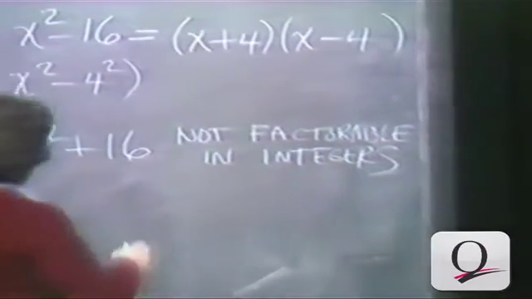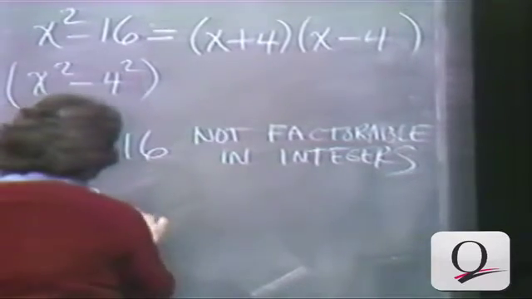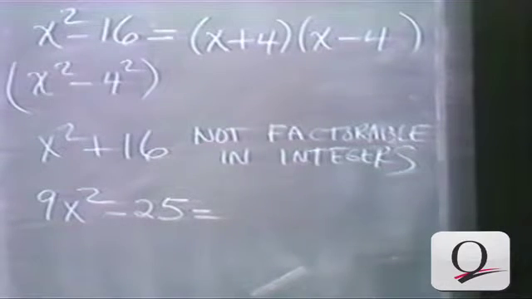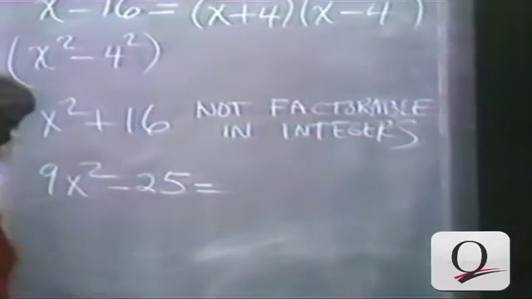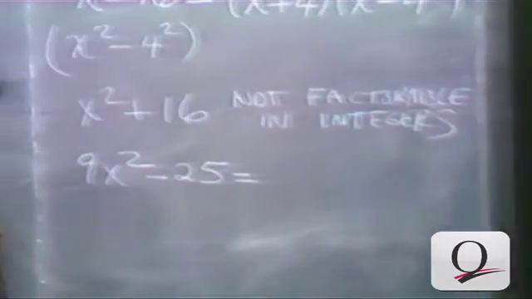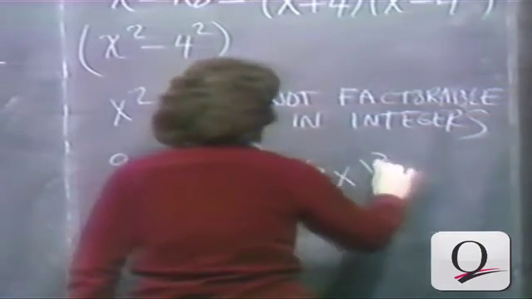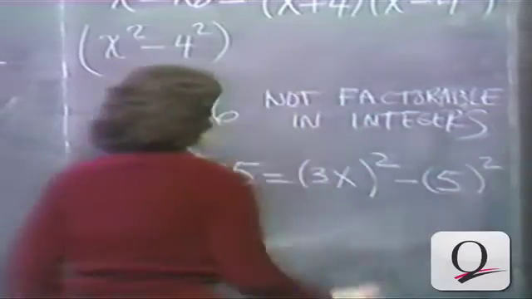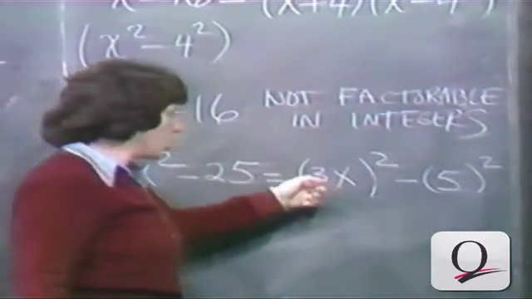Okay, so the last thing I want you to try today is factoring this: 9x squared minus 25. The first thing to do on this would be to realize this is really the difference of two squares. In other words, take the time to write this as 3x quantity squared minus 5 squared. 3x quantity squared is 9x squared.